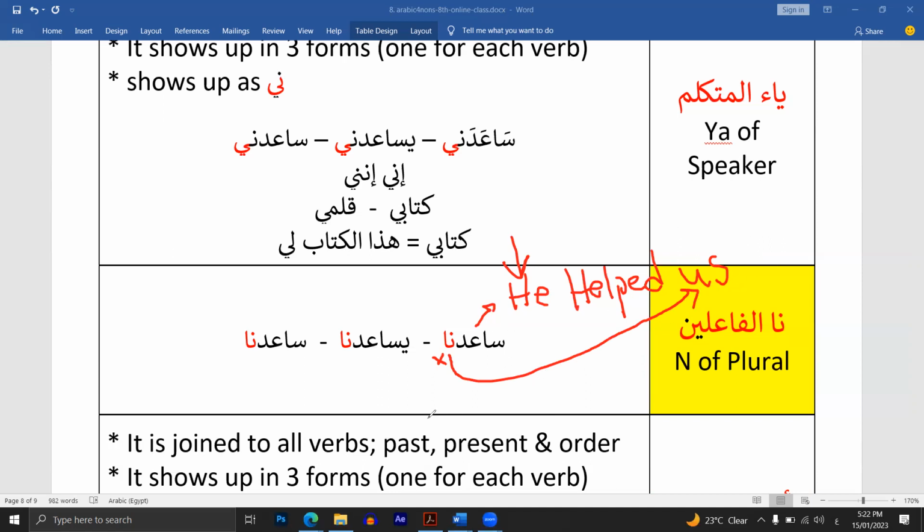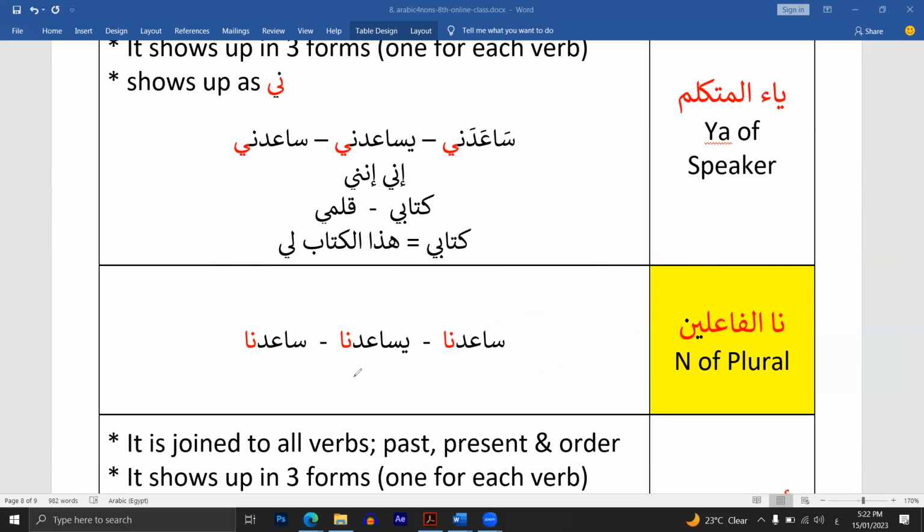He helped us, okay? If you recall, in the first example, subjective, we used فعلنا. Here, na is a subject, because the translation of this one is, we did. So na is replacing the pronoun we.